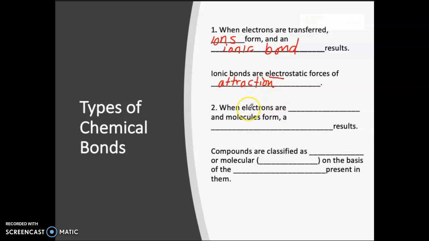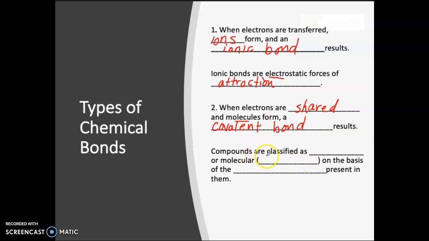The second type of bond is when electrons are not given and taken, but they are shared. When molecules form and the electrons are shared, we have a covalent bond that results.